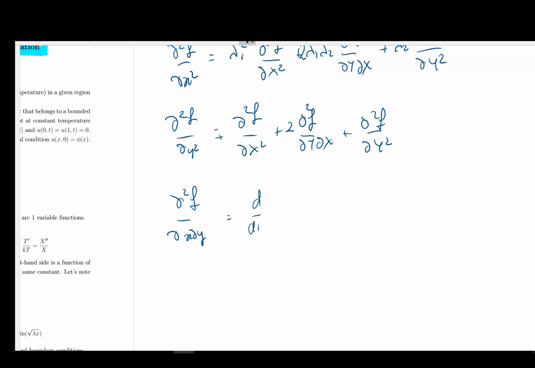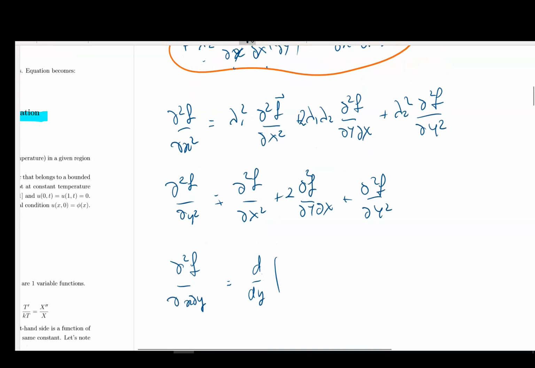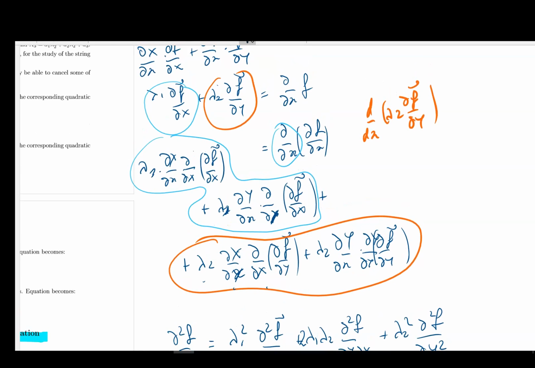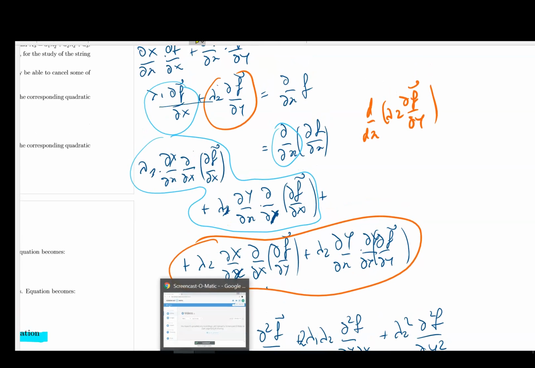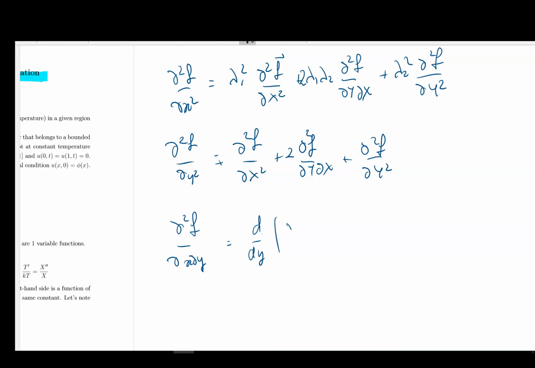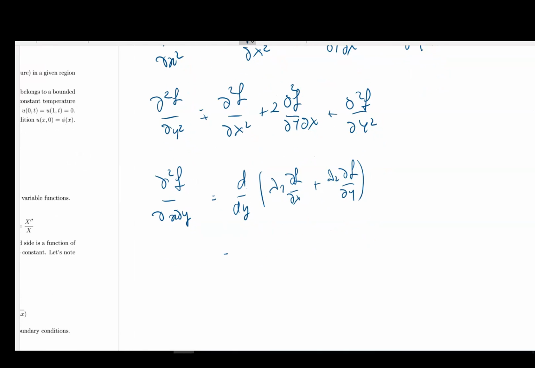let's take the derivative according to y of the first one we had found, this one here, so lambda 1 df over dx plus lambda 2 df over dy. Don't hesitate to do it at the same time as I'm doing it.